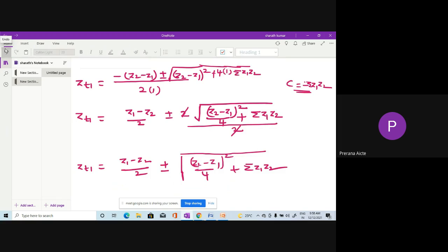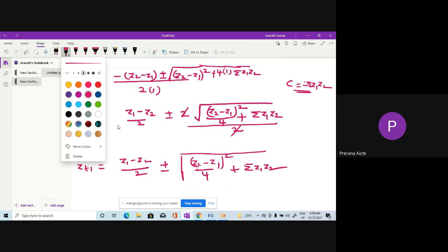ZT2 is equal to just the similar representation, changing the values: Z2 minus Z1 divided by 2. I can write the similar equation, seeing this one, with another color.